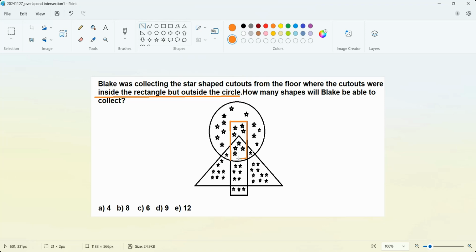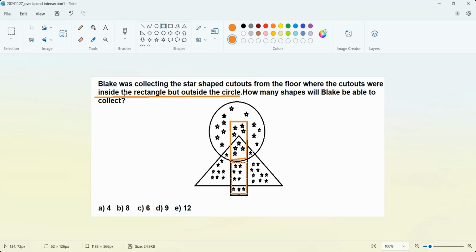So this is the part which is both inside the circle and the rectangle. This is the part, the lower part is, this is the part which is inside the rectangle but outside the circle.